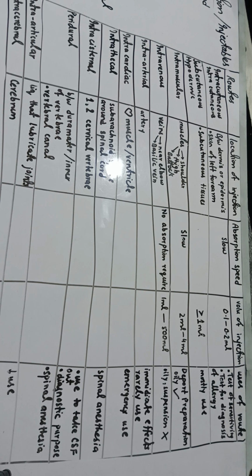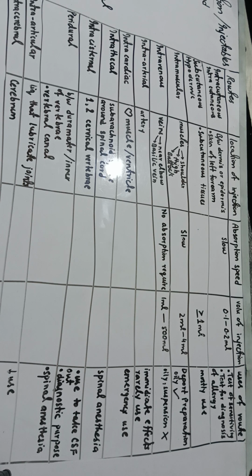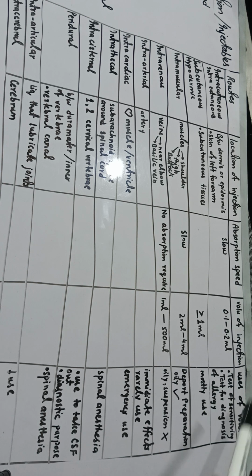Because the drug is directly entering your vein, and this basilic vein is connected to various veins of your body. So the drug will circulate to your whole body, find the particular area where it has to perform its action, and after that you will observe the pharmacological action which should occur.